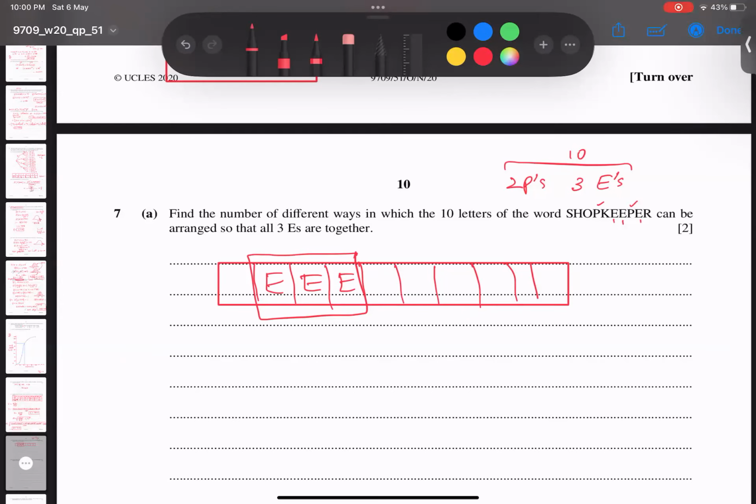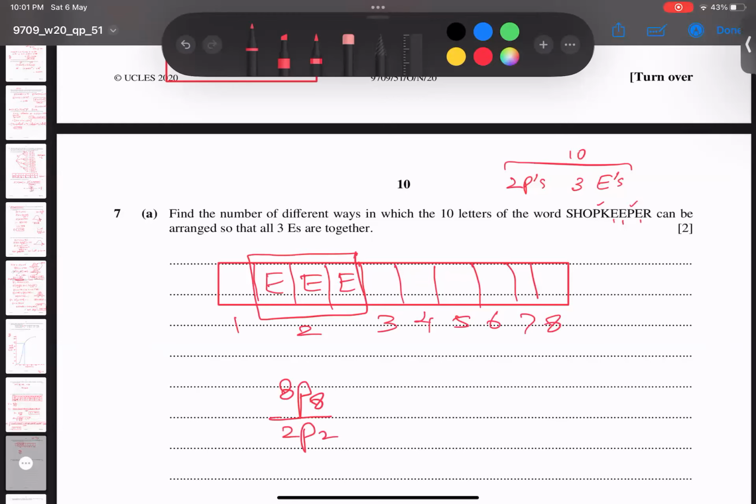All E's are together, so now we have 8 units, 8P8, divided by 2 for the 2 P's repeating.